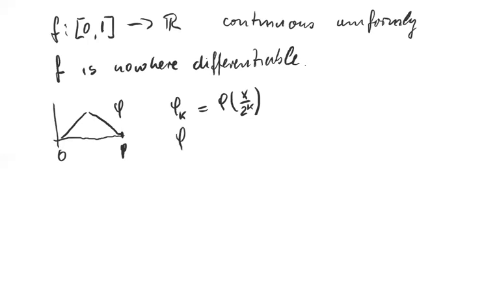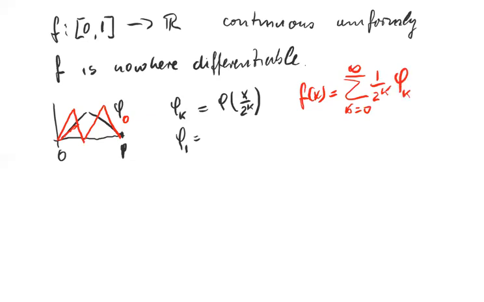Phi 1, for example, would be this function. But then you extend it periodically like this. And that's still a continuous function. And then f is the summation from k equals 0 to infinity of 1 over 2 to the k times phi k of x.